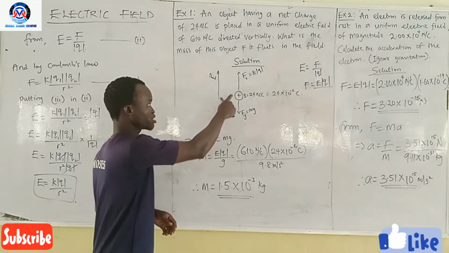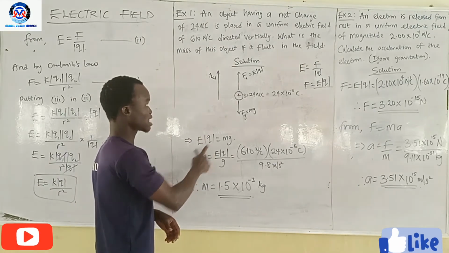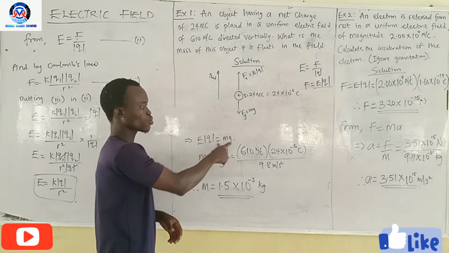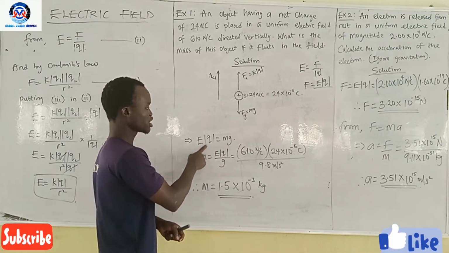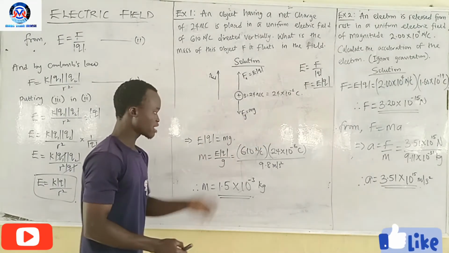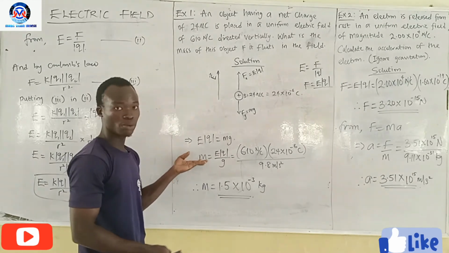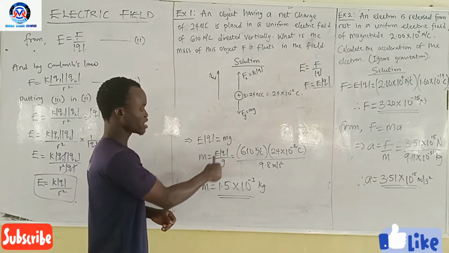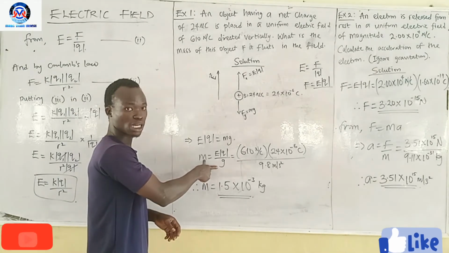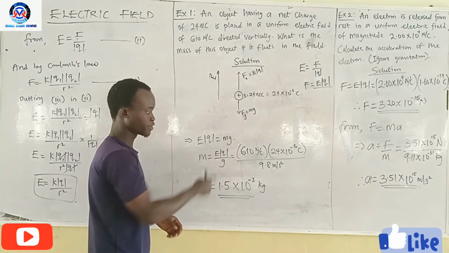So for this charge to float, the magnitude of the electric force is equal to the magnitude of the gravitational force. So we have that EQ is equal to mg. By making m the subject of the formula, because we are looking for the value of m, m will be EQ divided by the acceleration due to gravity, g.